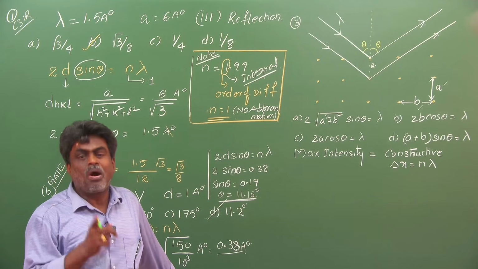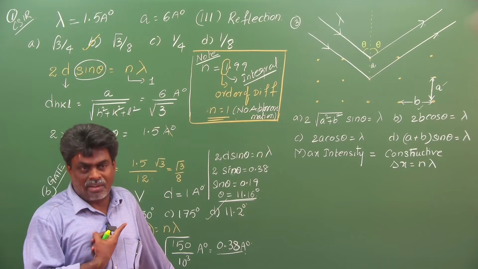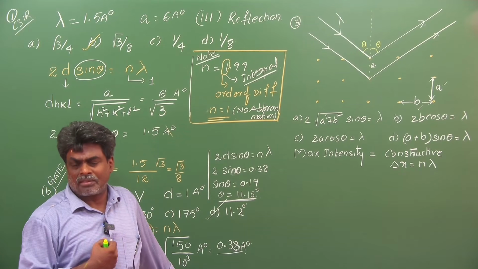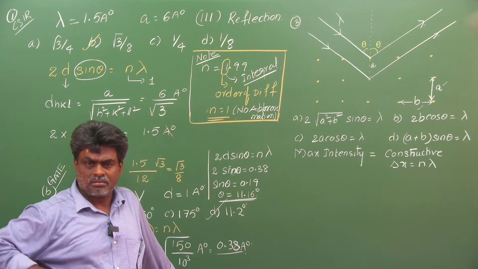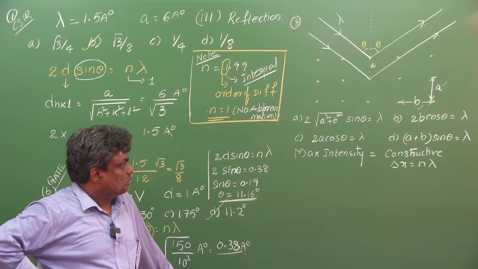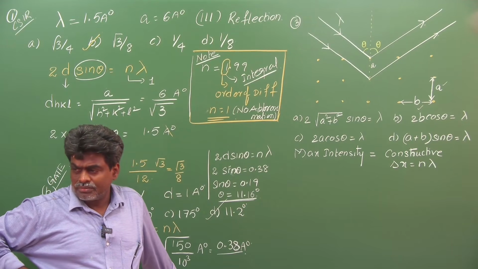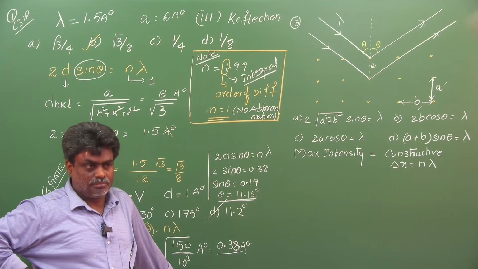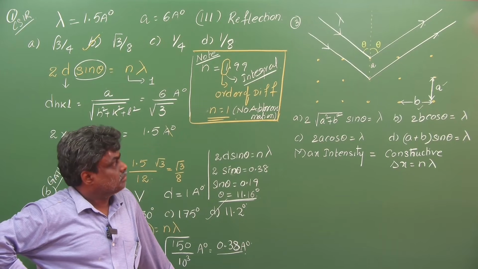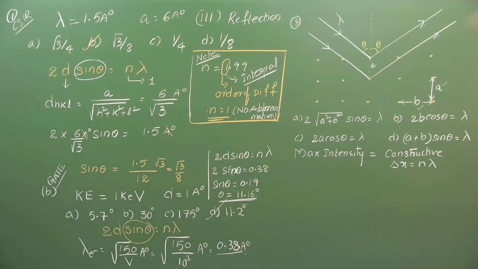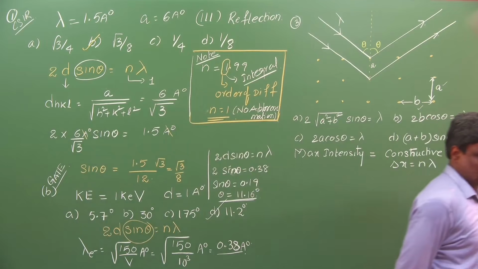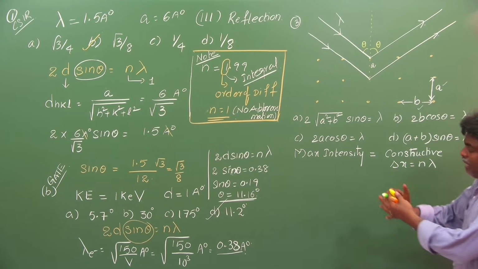That's why you are not getting it. What is path difference? Extra path traveled by the ray. Why don't you find the extra path? I asked you to find the extra path. Just draw the line and find the extra path.